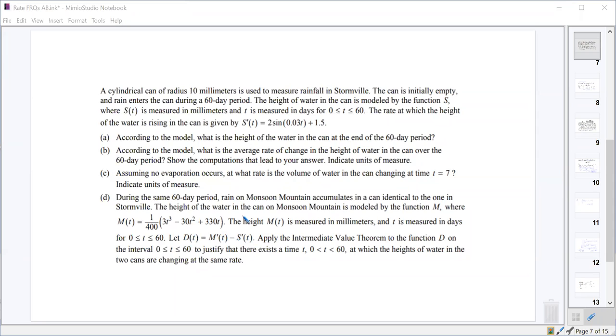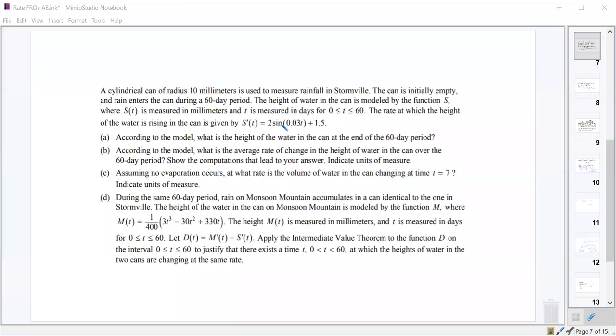And S prime was the rate at which the height of the water in Stormville's can is rising. We want to apply the intermediate value theorem to the function D on 0 to 60 to justify that there exists a time in which the heights are changing at the same rate.